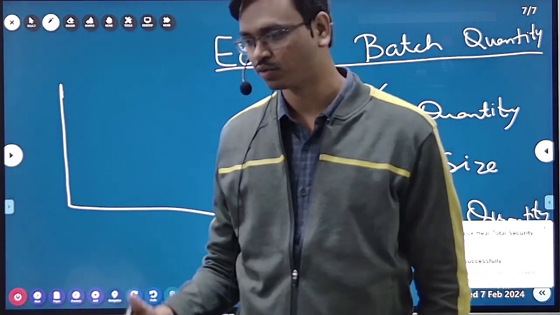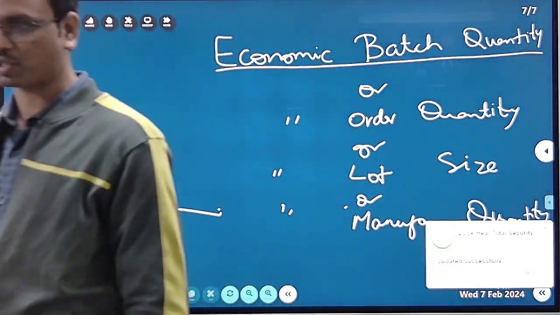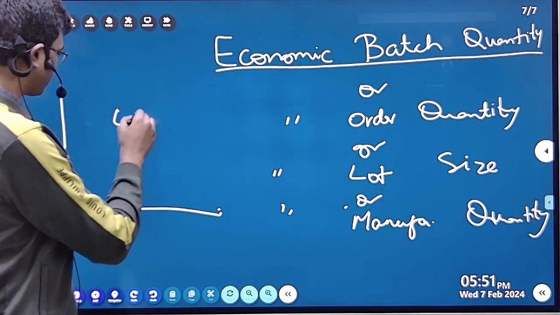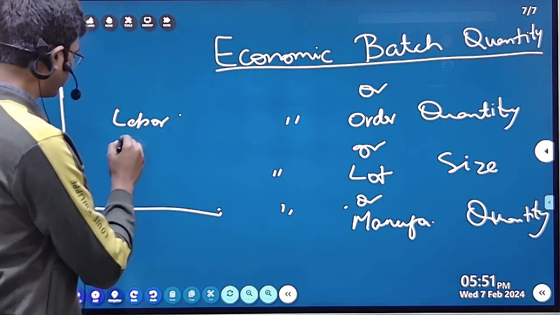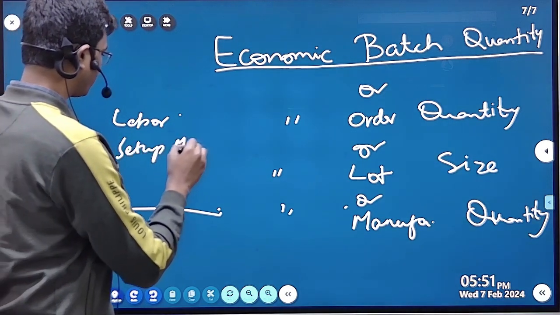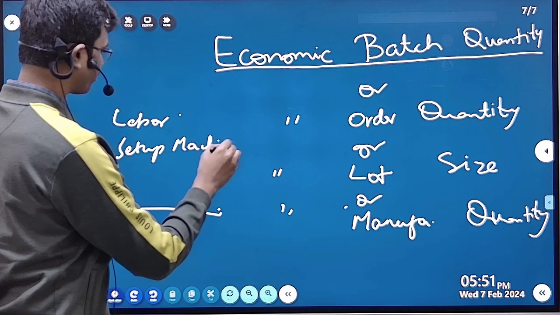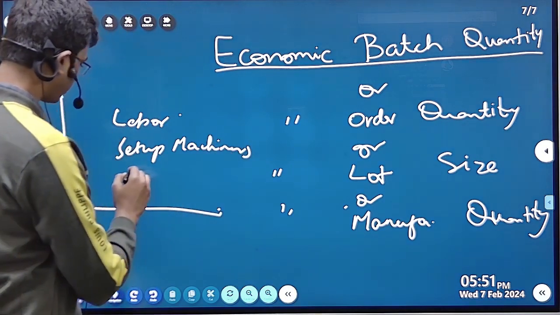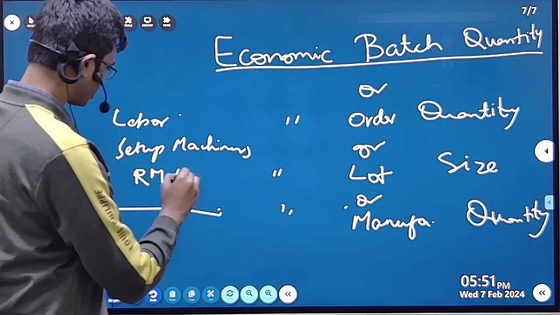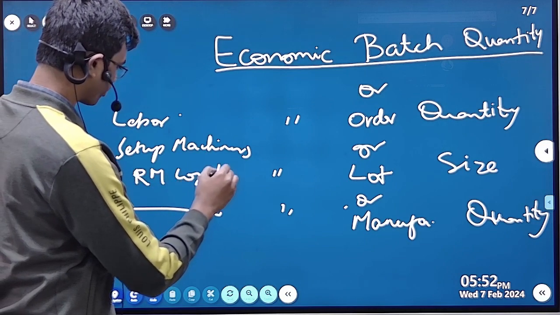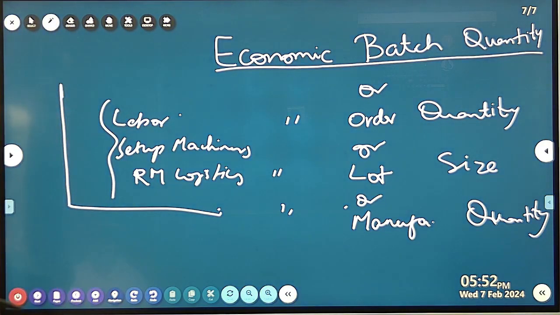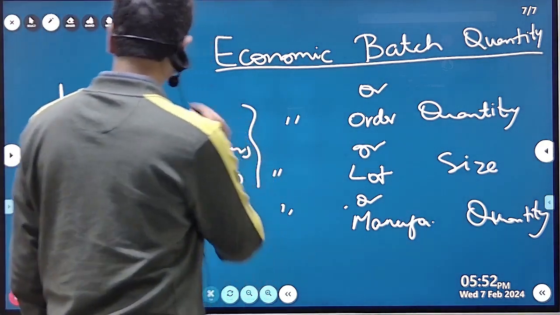So every time you start producing a batch, you have to set up. You have to get all your labor at that place. You have to set up your machinery, probably calibrate your machinery, and you have to have your raw material logistics coming to your production cycle. So all of these will incur cost, right? So this is your setup.